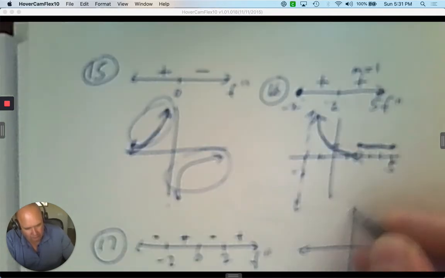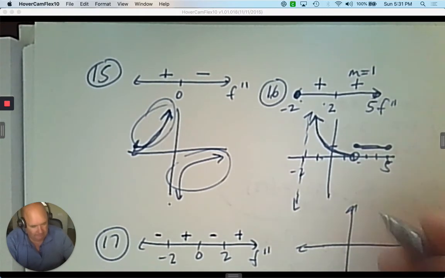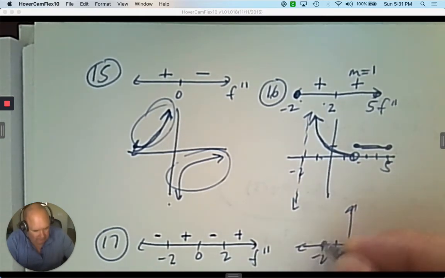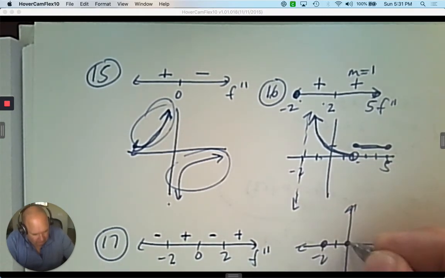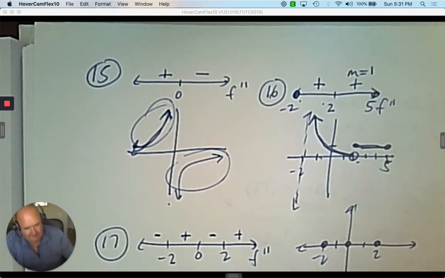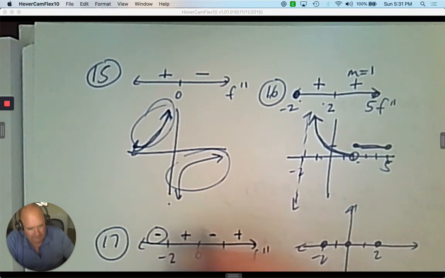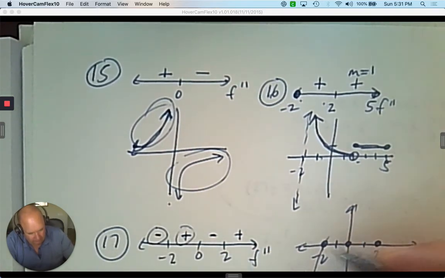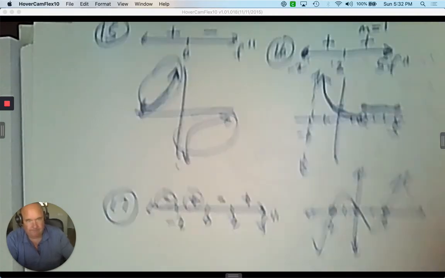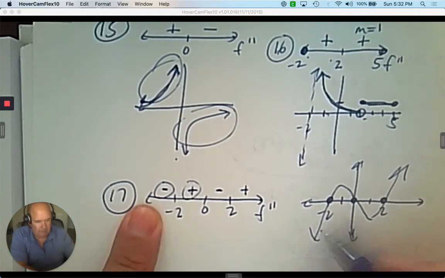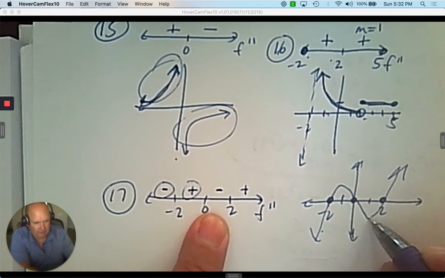Now all these turning points are x-intercepts. So -2 is an x-intercept, and 0 and 2 again. Those are intercepts. And then it's below and then above, below and then above, and then you've done it. So below, above, done.